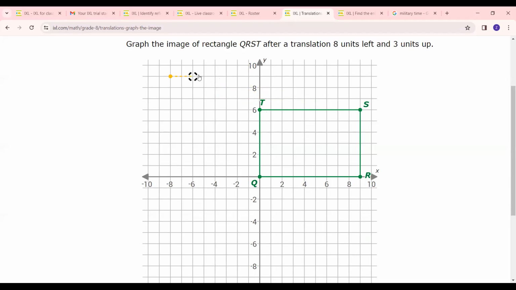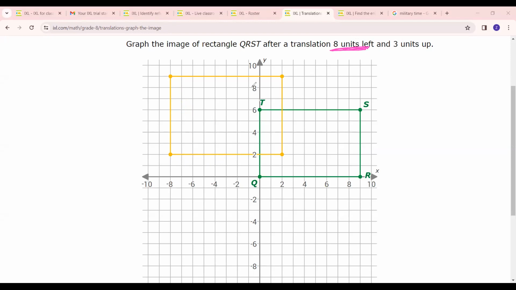And how many units down? 1, 2, 3, 4, 5, 6, 7. So 7 units down. Good. And then bring this over like that. So basically, we're sliding it over. So if you look carefully, how many units to the left did we have to go? 8 units, right?